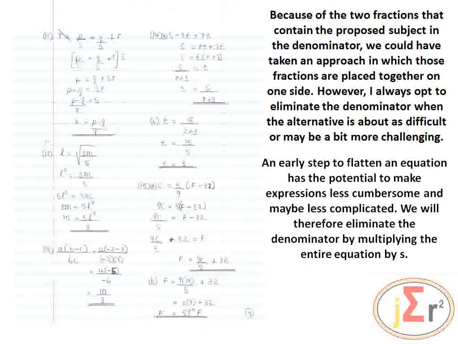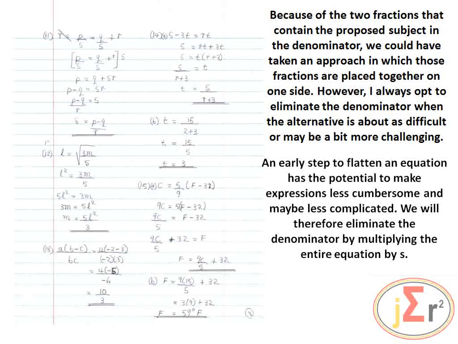An early step to flatten an equation has the potential to make expressions less cumbersome and maybe less complicated. We will therefore eliminate the denominator by multiplying the entire equation by S, and I'm saying I'm going for less cumbersome.